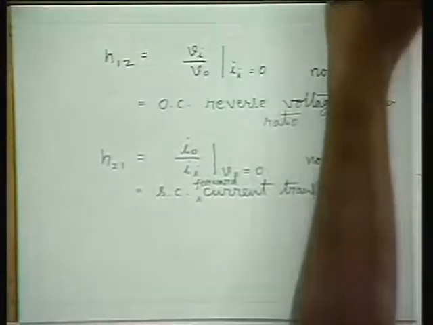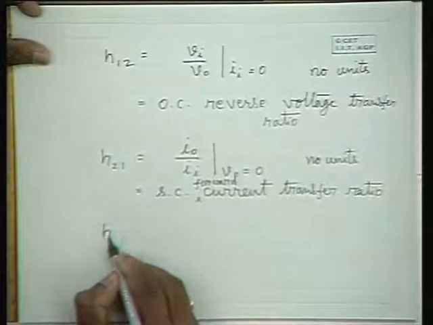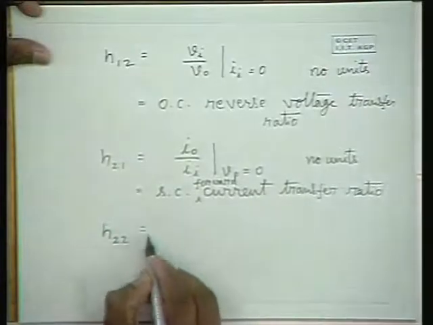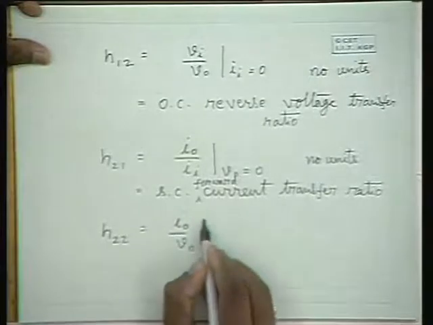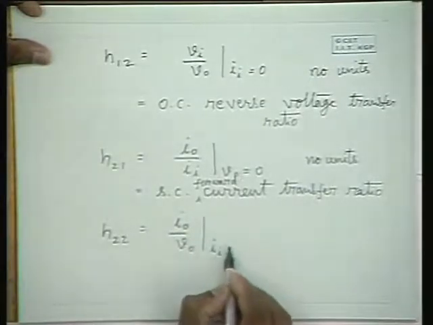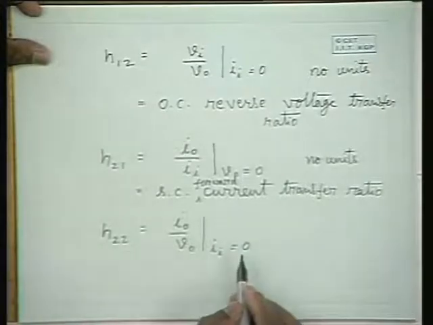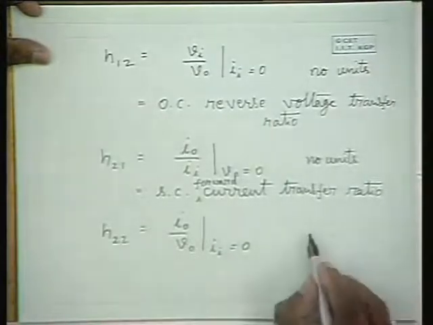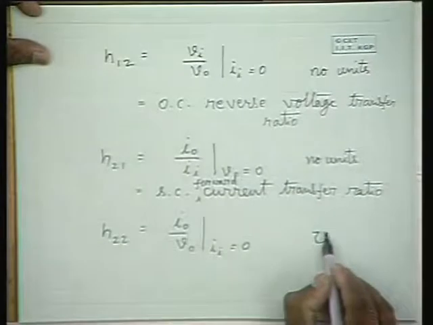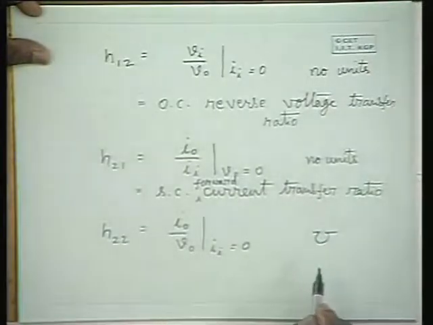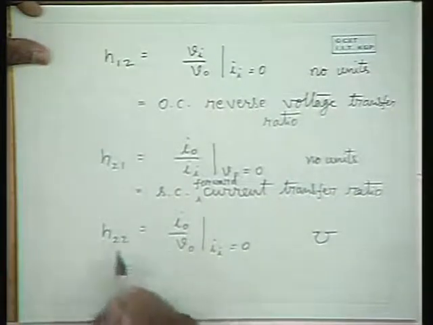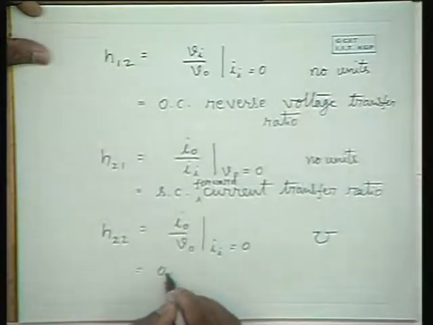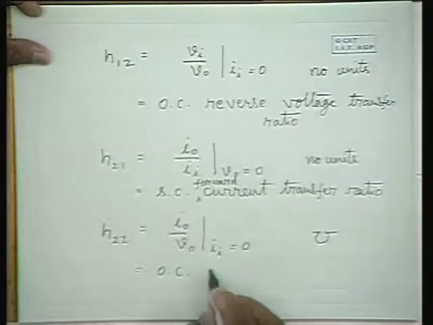Hence, H22 is equal to I0 by V0 when Ii is equal to 0, and the units are mhos because it is conductance or admittance, and this is known as open circuit output admittance.